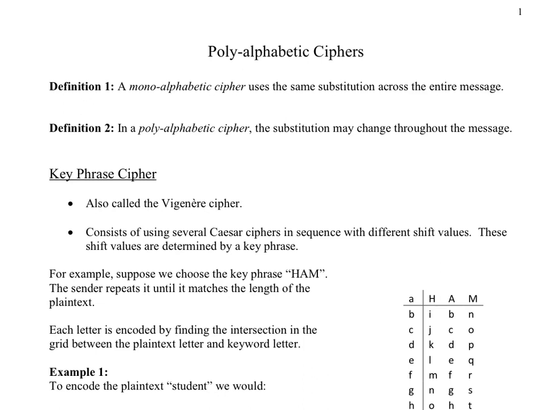For example, we could choose the word ham, and that could provide the different shift values, like we shift by H, and we shift by A, and we shift by M. We'll repeat ham over and over until it matches the length of our plain text. And we'll use this grid over here on the left-hand side to help us out.